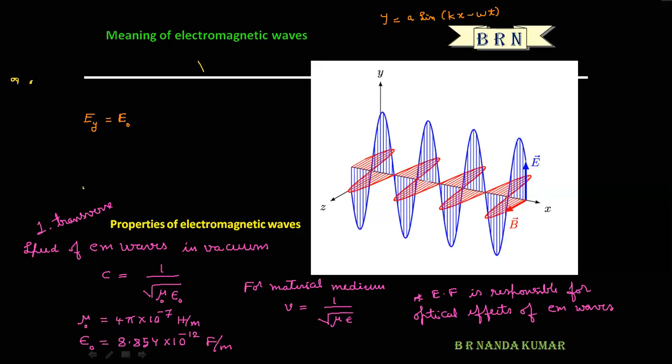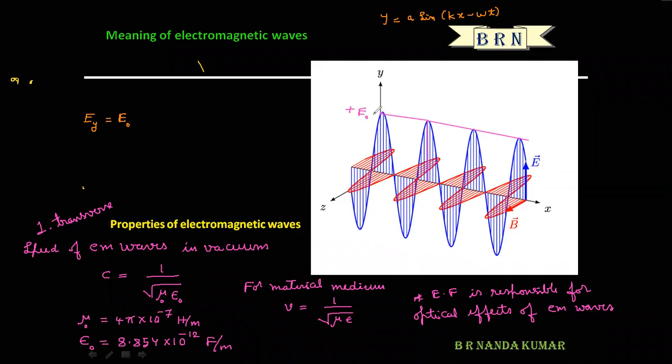Look at this diagram. This is the amplitude of the electric field. This is plus E naught, and this is also the amplitude, but that is minus E naught.